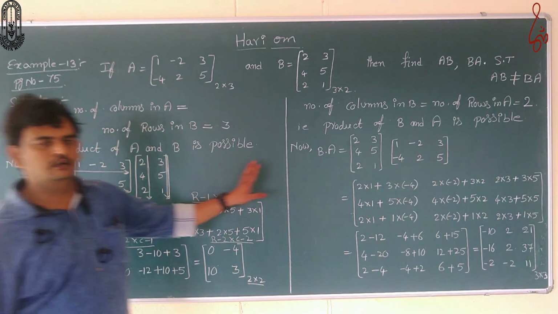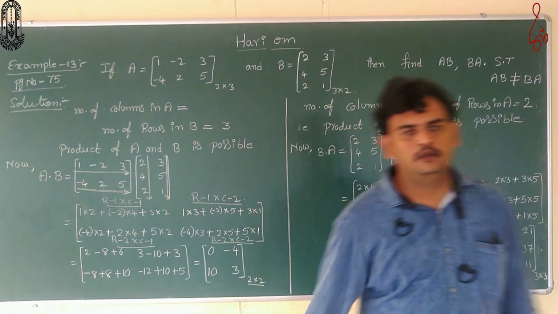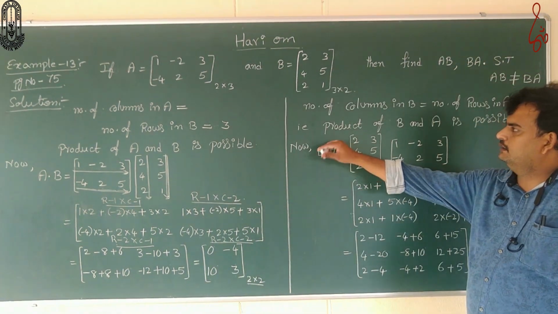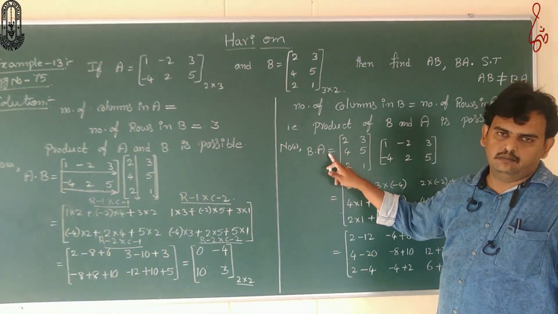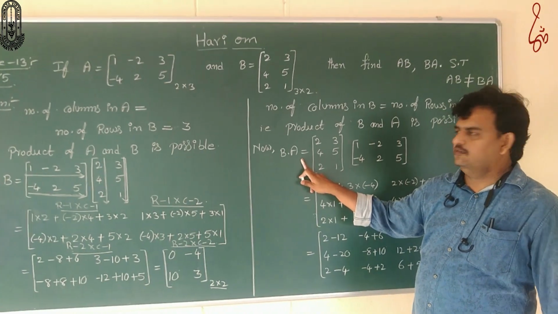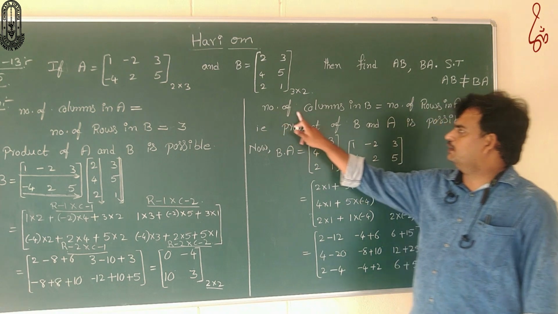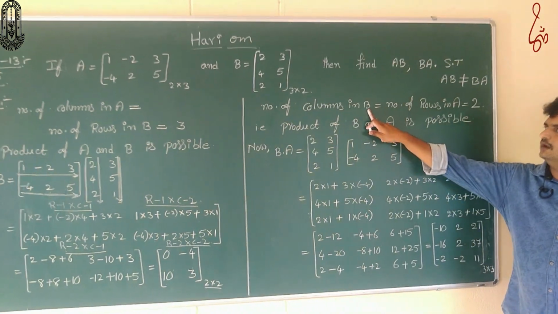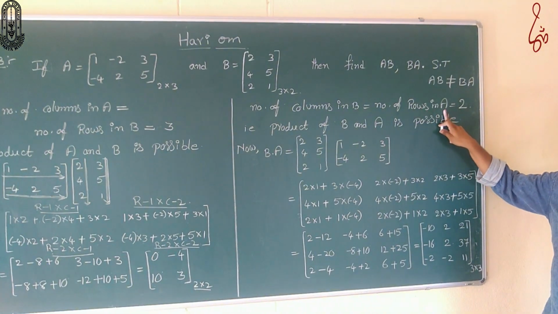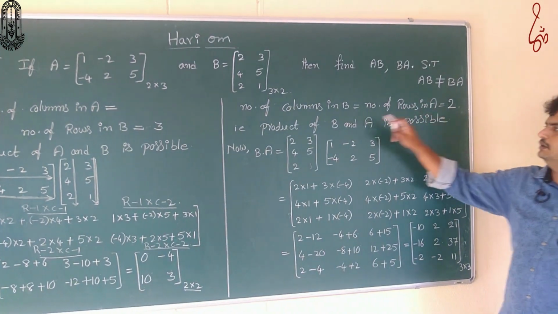Now let us compare the product of B and A. Now we are going to multiply the matrices B and the matrix A. First we need to check the condition. Which condition? Number of columns in B and number of rows in A, whether they are equal or not.